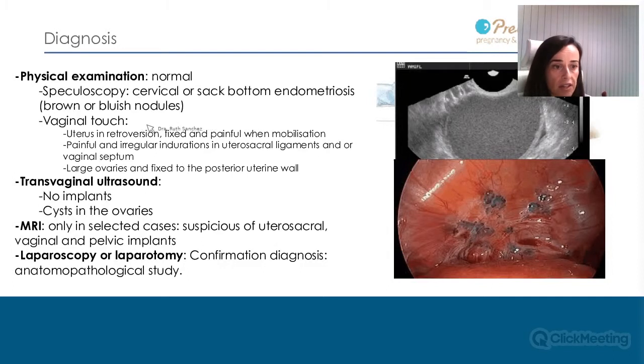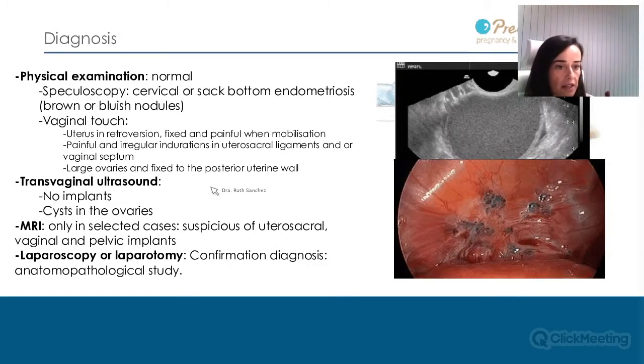In the vaginal touch, we usually find the uterus in retroversion, fixed and very painful when we mobilize it. We also can find painful and irregular nodulations in the uterosacral ligaments and in the vaginal septum. And we can also find large ovaries and the ovaries fixed to the posterior uterine wall.